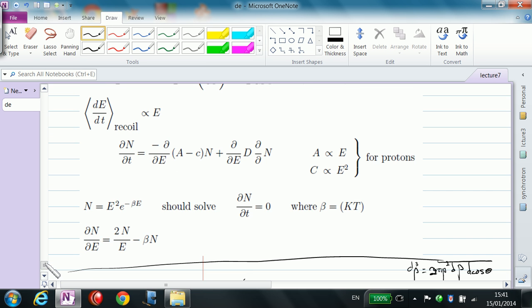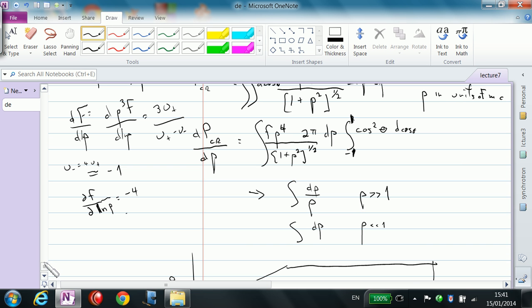And if you plug it into here to see what value of df d log p you need to get something that's flat in the non-relativistic regime, it ends up being that u minus over u plus is equal to 2.5.